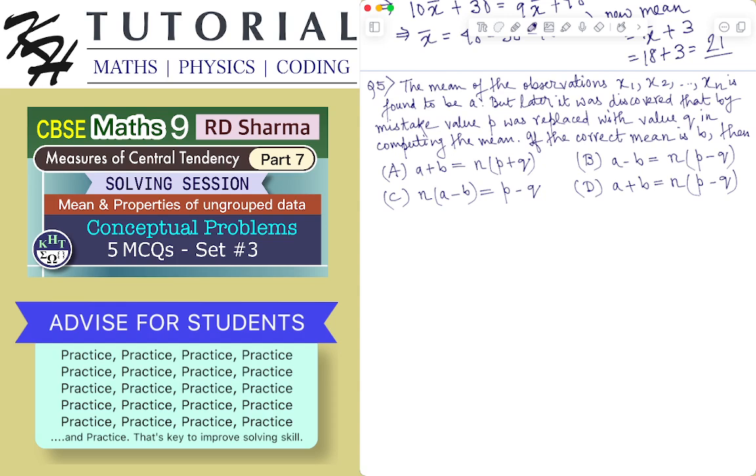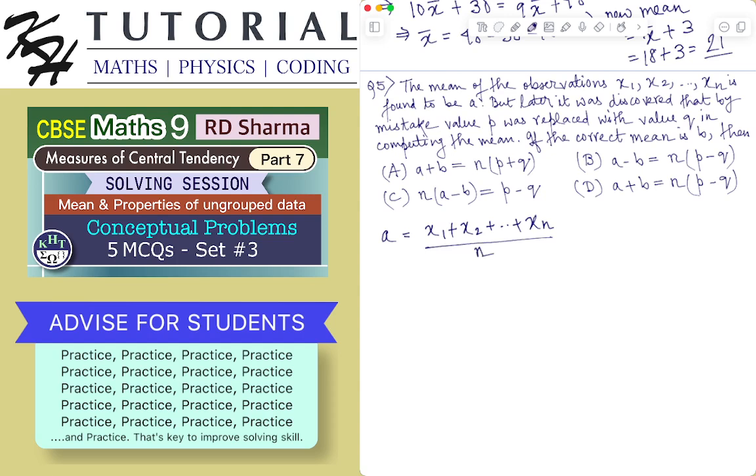It is given that the mean of the observations x1, x2 up to xn is found to be A. So we have A is equal to x1 plus x2 up to xn, so there are n observations, divided by n. But later it was discovered that by mistake P was replaced with value Q in computing the mean.